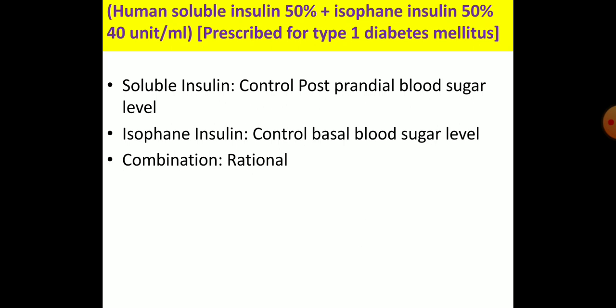It can also be used, and both these preparations are rational. On the contrary, these must be used in combination only, because neither of these agents alone can control the blood sugar level for 24 hours.